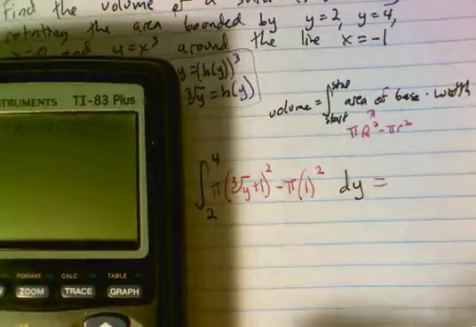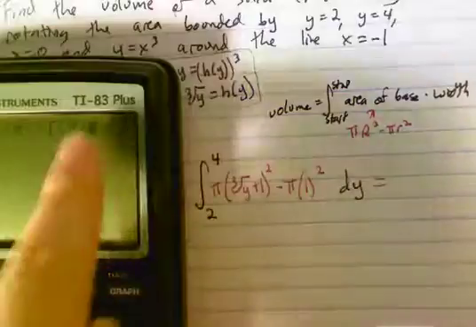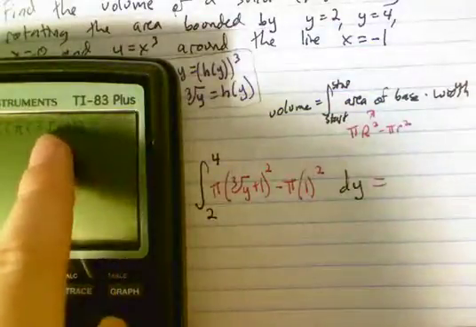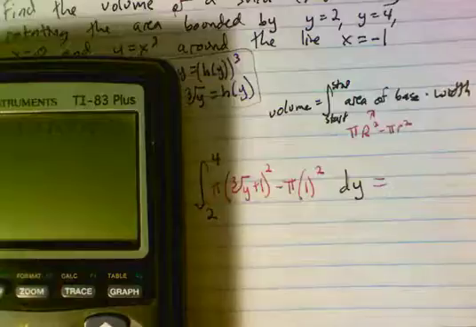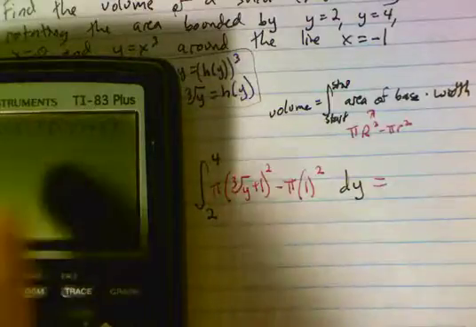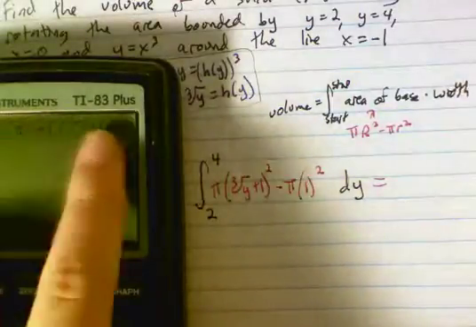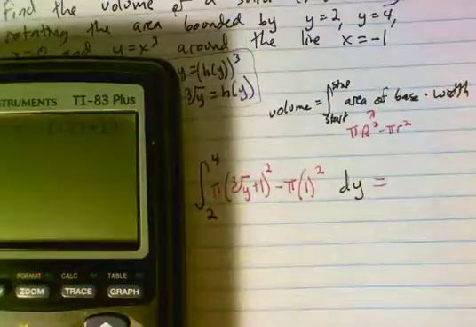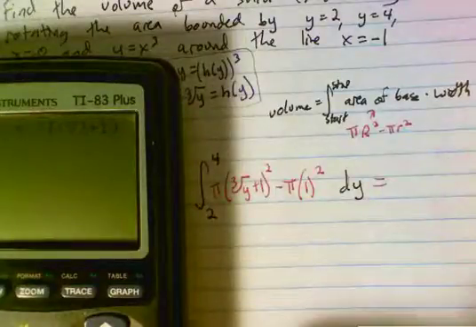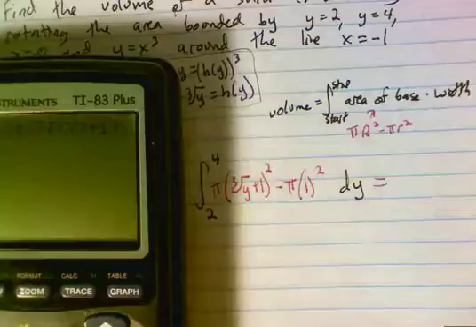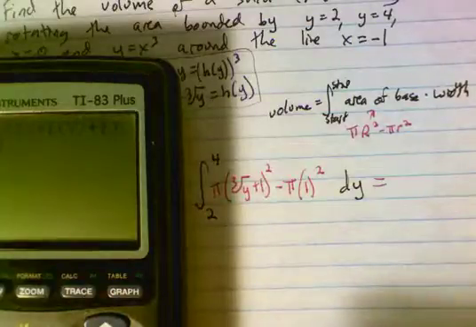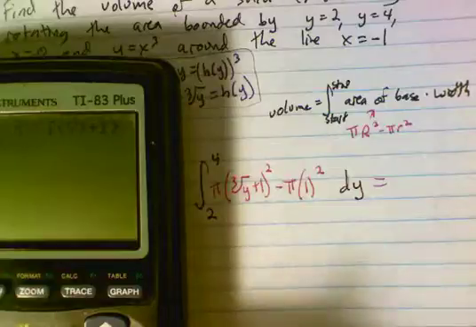Alpha y is my variable. I'm closing this parenthesis here for the cubed root. Add 1. Now I've got a second parenthesis closed here for the big R. Square that. Minus pi times 1, which is just pi. Alpha y, 2, 4.